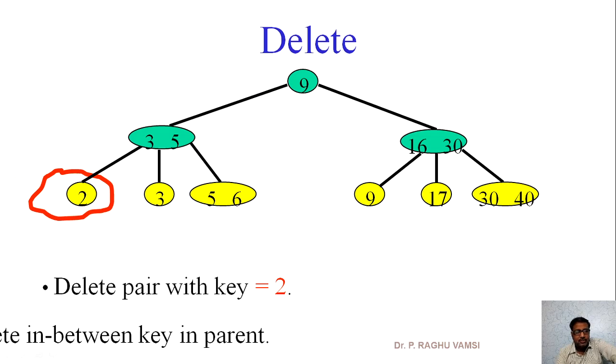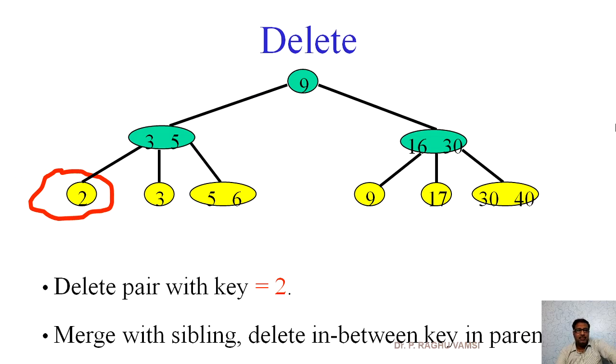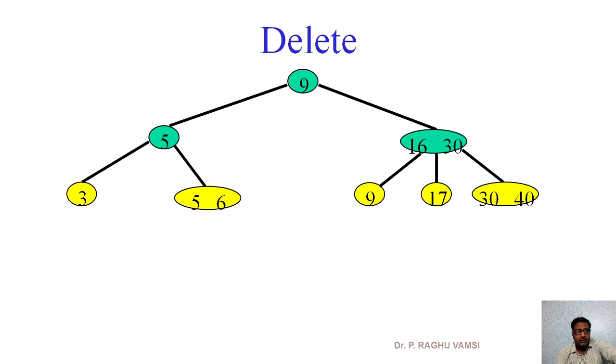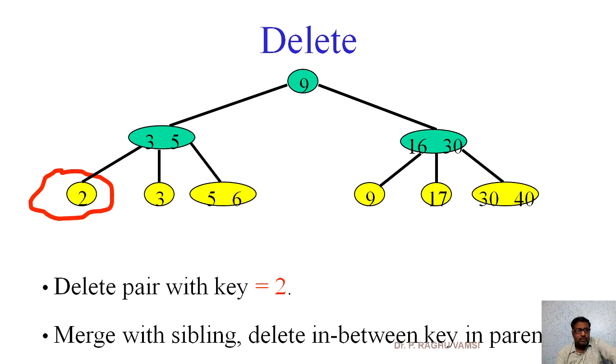So for that, what you are supposed to do is merge with the sibling and delete the in-between key in the parent. So 2, 3 must be merged together. So here 2 will be deleted and 3 will be merged with this, and so what will become? 3 will become the left child of 5, and 5, 6 will remain like that.